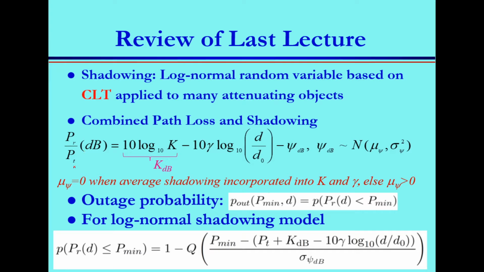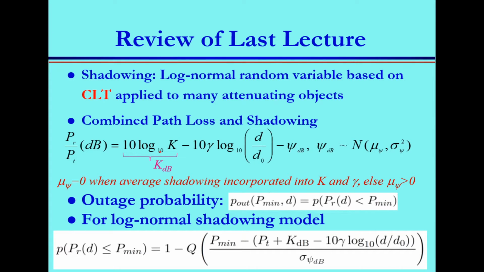PT is the transmit power, and this is given in dB, is equal to 10 log 10 k minus 10 gamma log 10 d over d naught, where k is a constant you can obtain from your modeling, and gamma is also another constant that determines the slope of your model, and then minus psi dB.